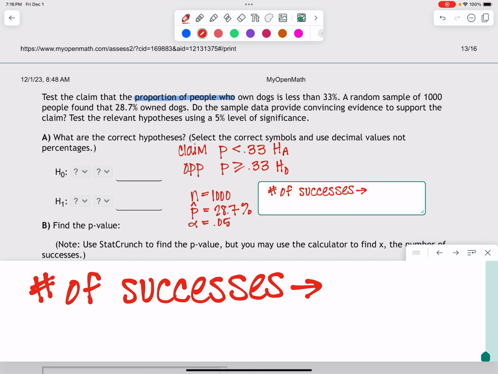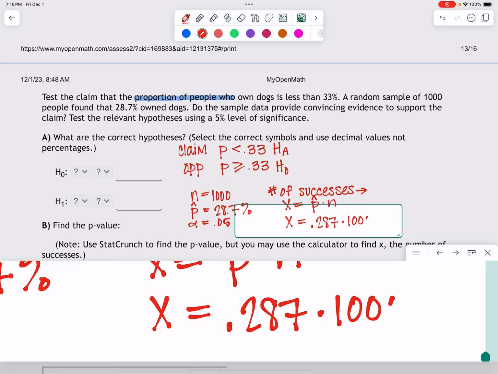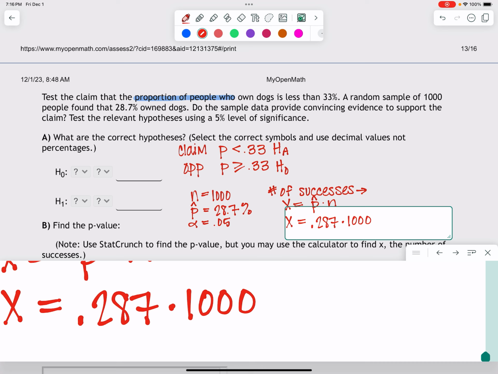Remember, the number of successes, that's the X value, is P hat as a decimal times n. So in this case, your number of successes would be 0.287 times 1,000. That means your x value would be 287.